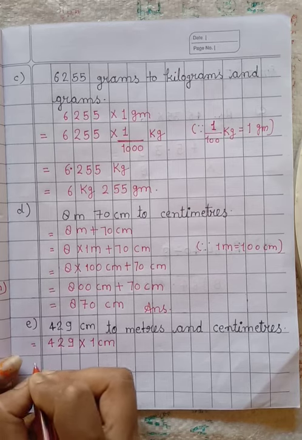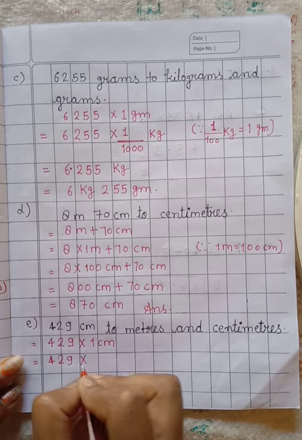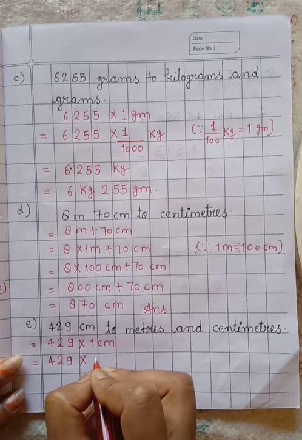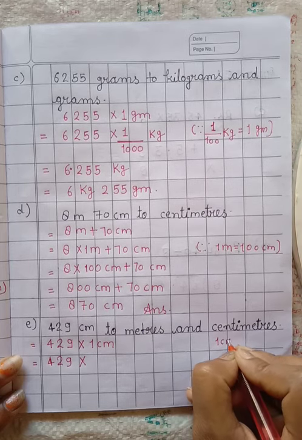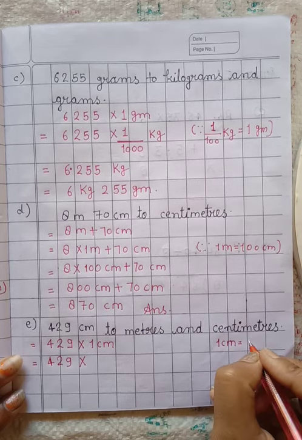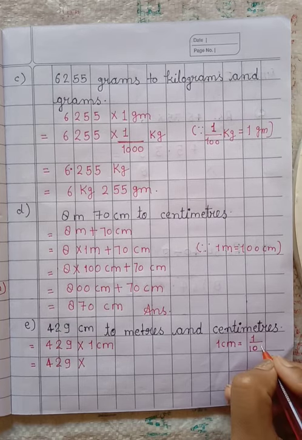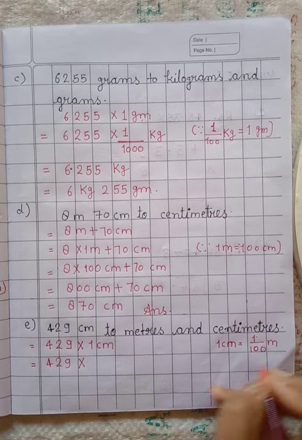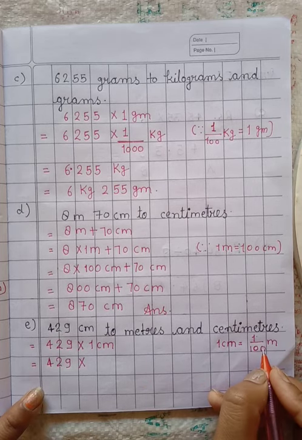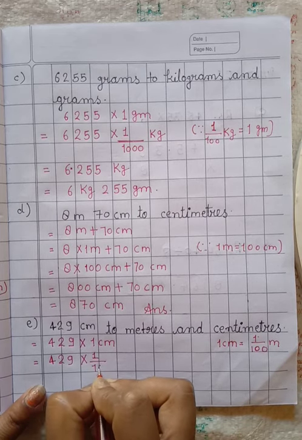Then 429 times 1 centimeter, we will put the value of 1 centimeter, that is 1 centimeter is equal to 1 upon 100 meter.